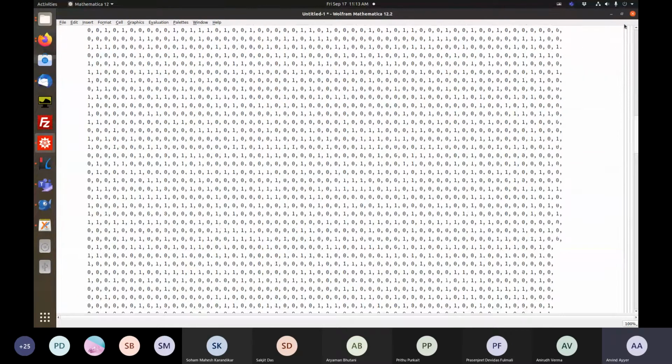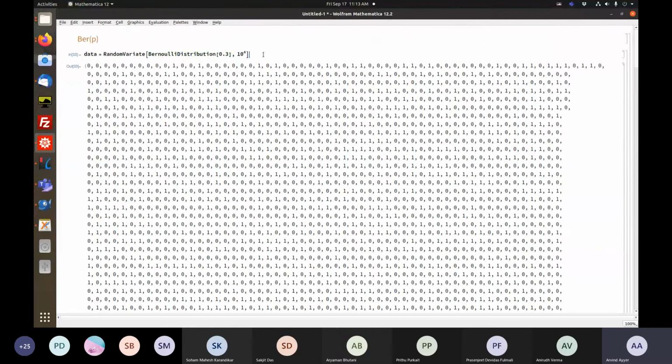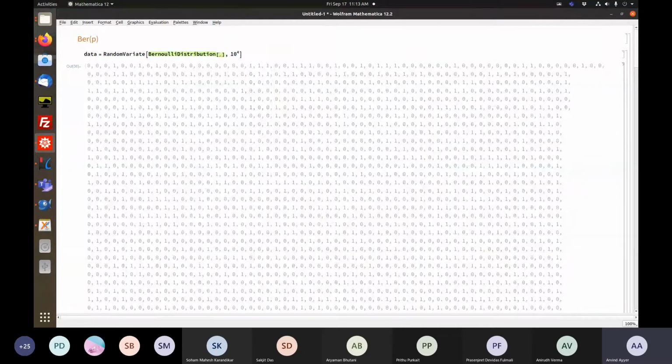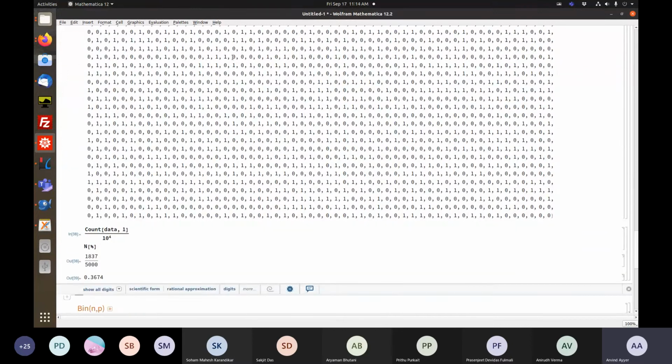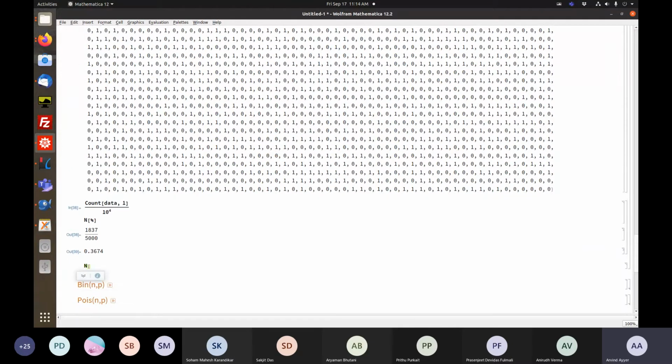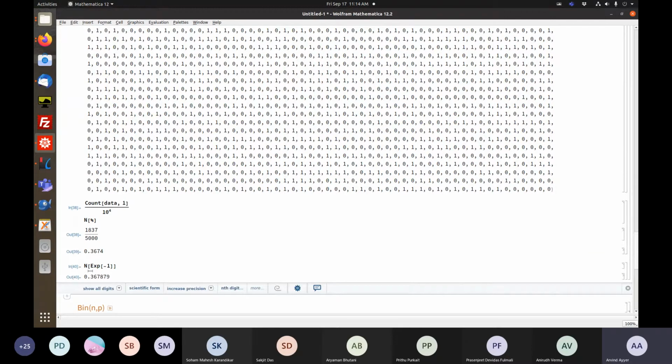If you want, we can test it again. I generate another 10,000 Bernoulli 0.3 random variables. If you like, I change this. Maybe I make it e to the minus 1. And I get this, and what is e to the minus 1? It's close enough, right?